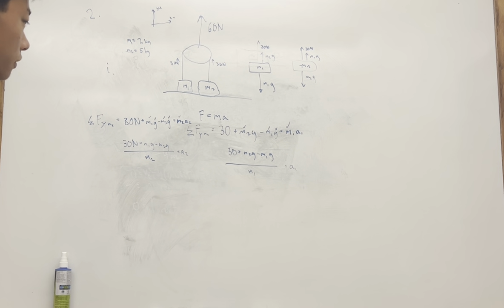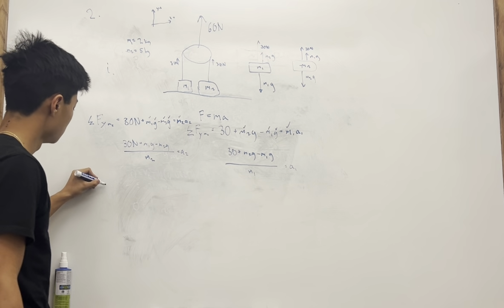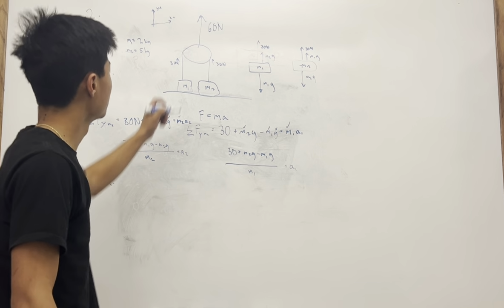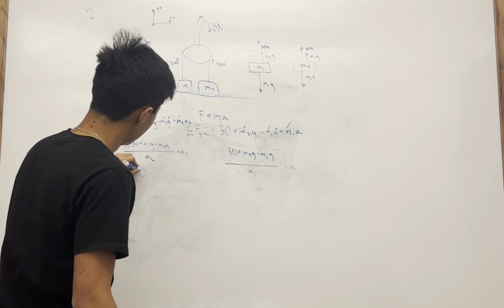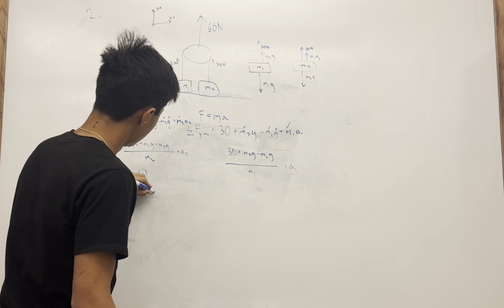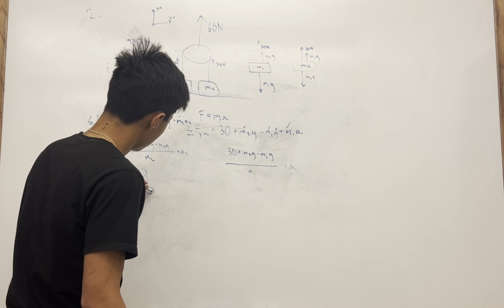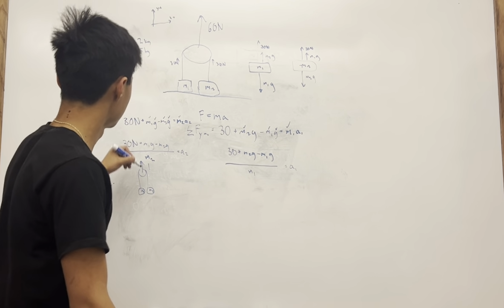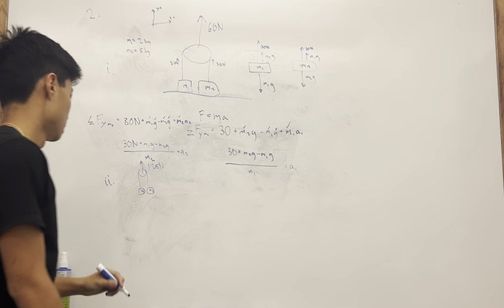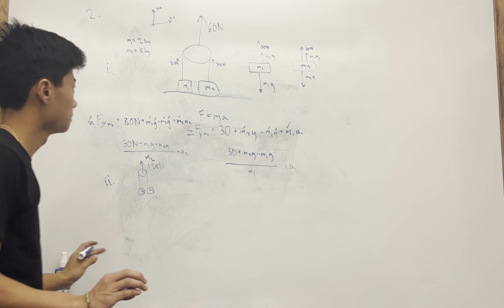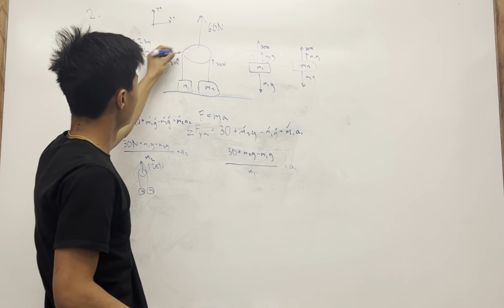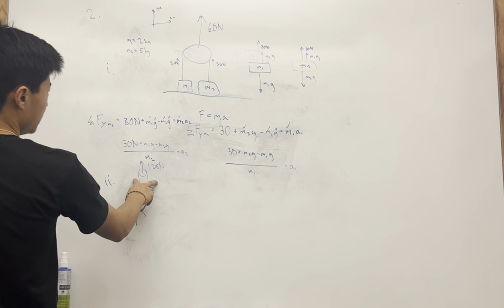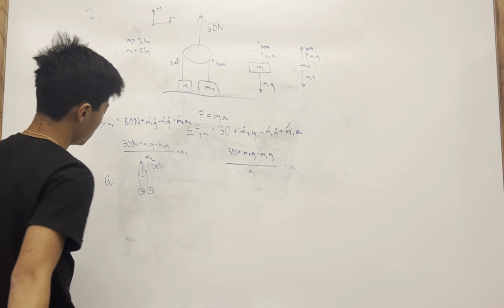Now before I plug in and solve, why don't we set up number 2? Number 2 is the same thing, just instead of the 60 newtons, we're going to have it being pulled up with 125 newtons. It's the same thing, just that this is going to be half of this. So each side of the pulley is going to be pulled up with half of 125.